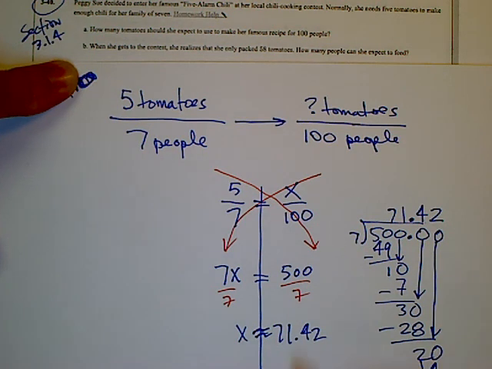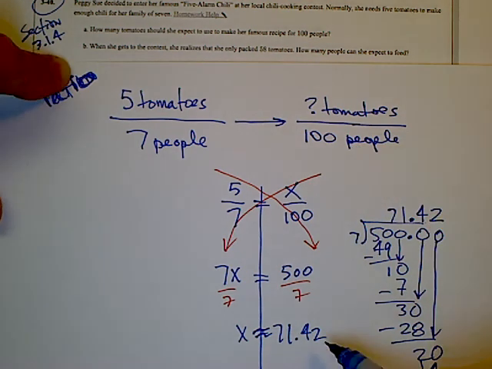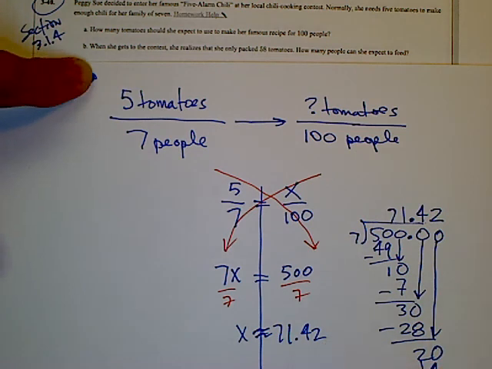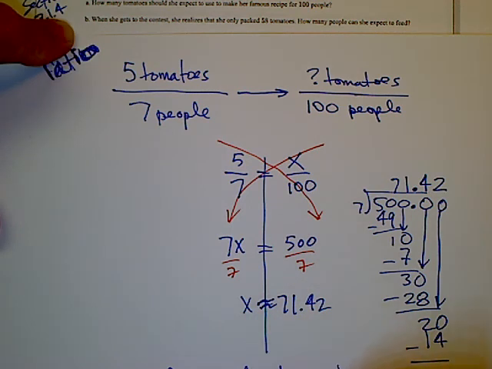Okay. So if I'm asking how many tomatoes I need, I would never try to come up with 42 hundredths of a tomato. So in order to make sure I'm going to cook for 100 people, I would round this. So for 100 people, she needs not 71, but 72 tomatoes.